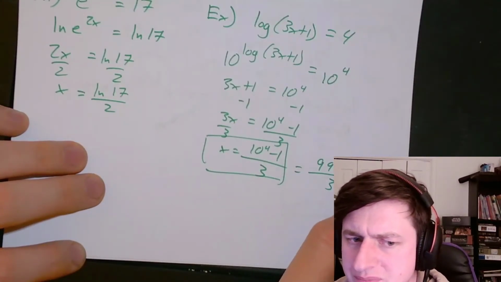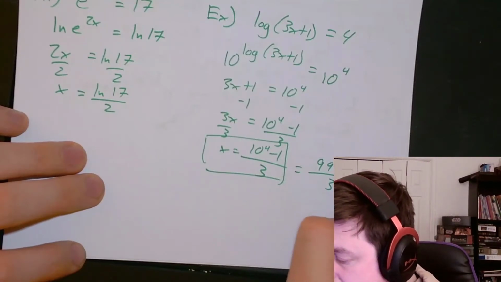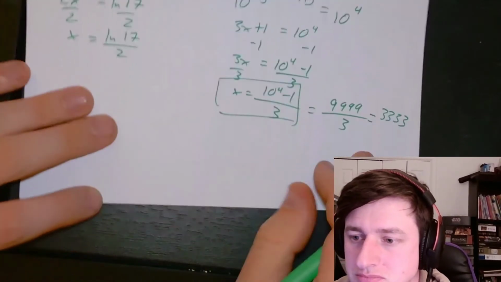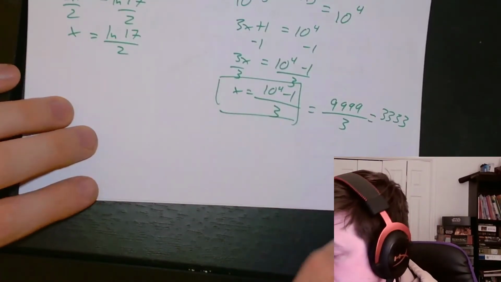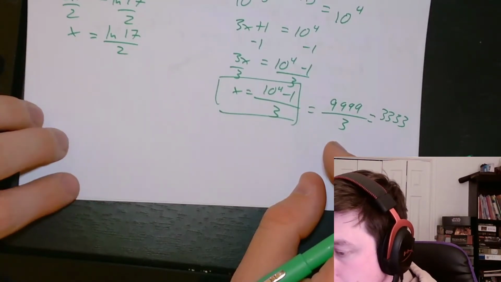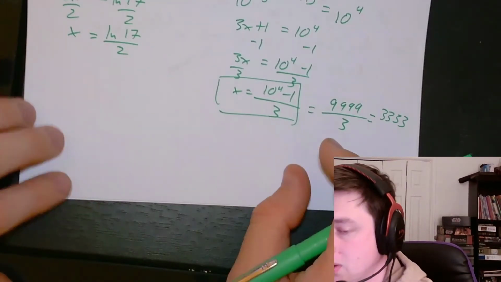Yeah, that seems right. And then this is just 3,333. Convenient. That worked out. I made those numbers up. Okay.